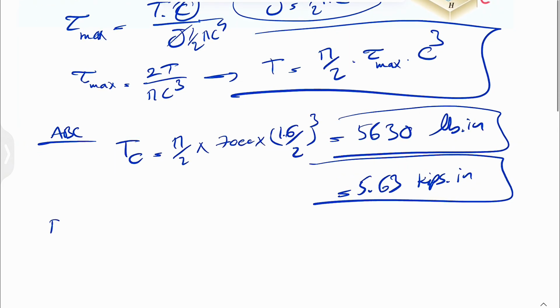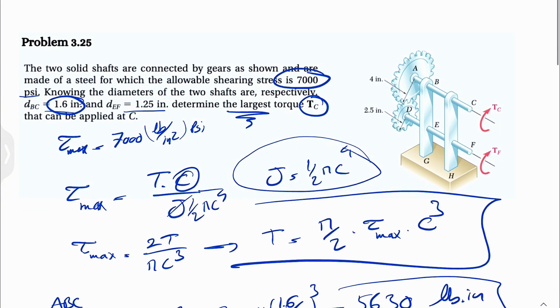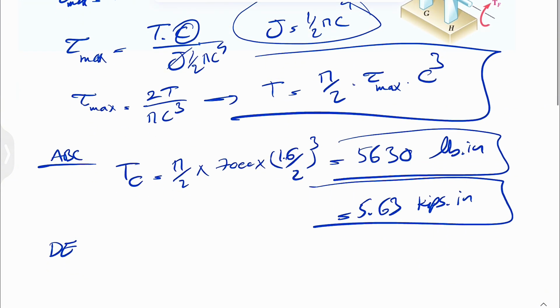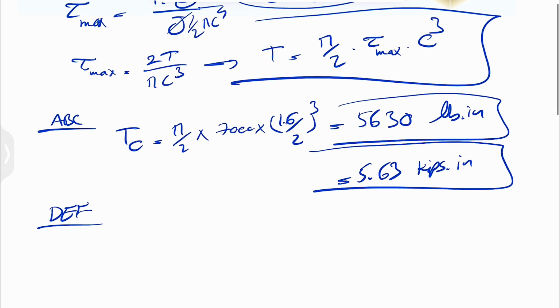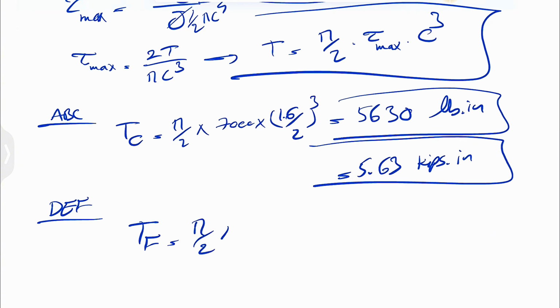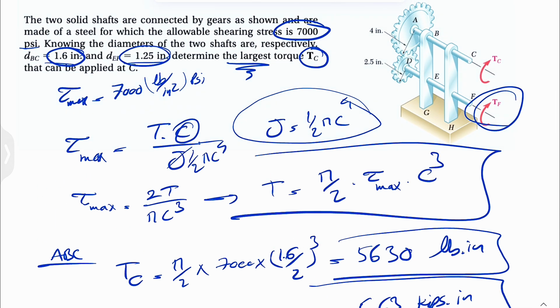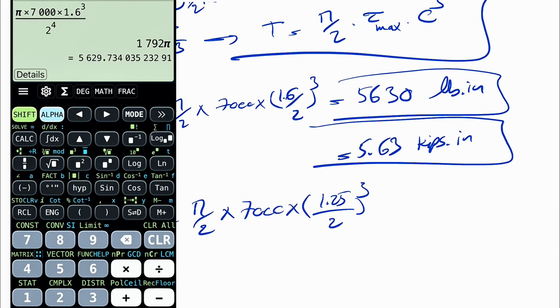Let's move on to shaft DE or shaft EF, or DEF. Now we're going to be looking for torque F, which is what we have in here. So pi divided by 2, 7,000, everything's the same except the diameter is different. We have 1.25, so 1.25 divided by 2, all to the power of 3.